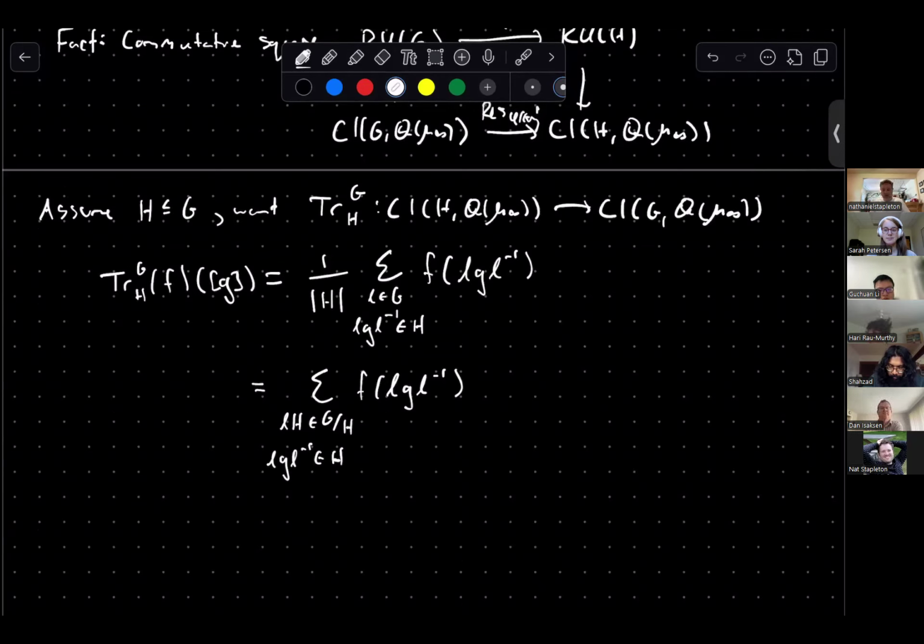And you might say, okay, yeah, but where does this come from? There's actually a really nice answer to that question. When we consider the character map, from RU of G to class functions, the map from RU of G onto one of the factors is a kind of restriction. It's kind of like restricting to a cyclic subgroup of G and then using that to map into Q adjoin mu infinity.